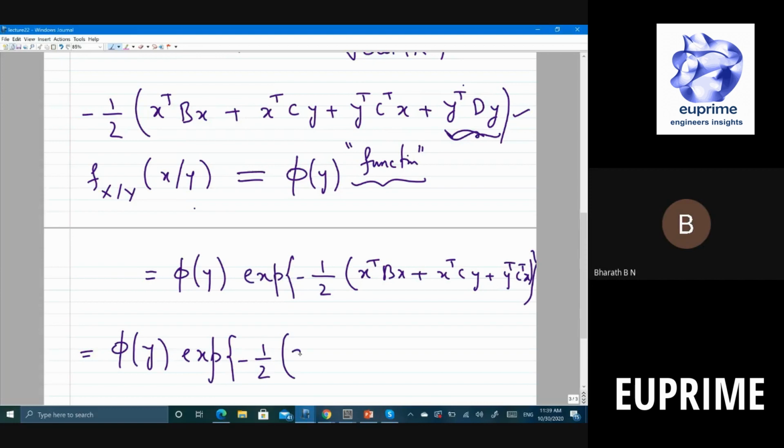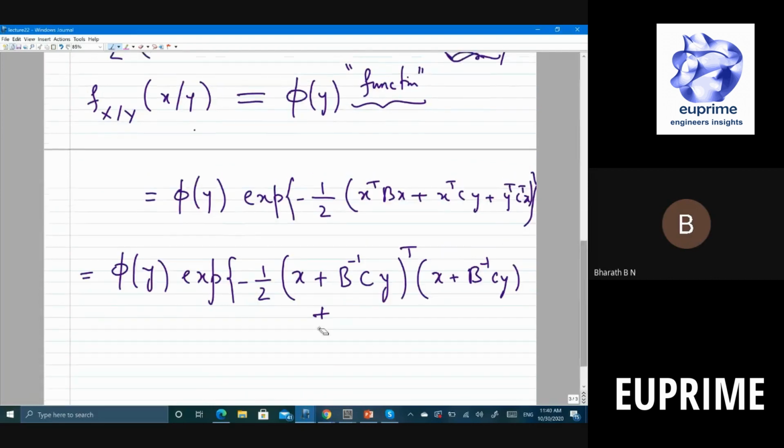So I can write this as x plus b inverse c y whole transpose, this into this whole thing into x plus b inverse cy, plus y transpose c transpose b inverse cy. This is how I can complete the square.